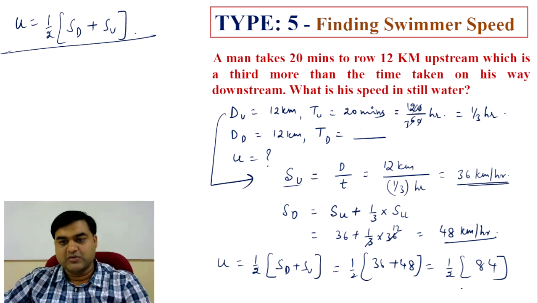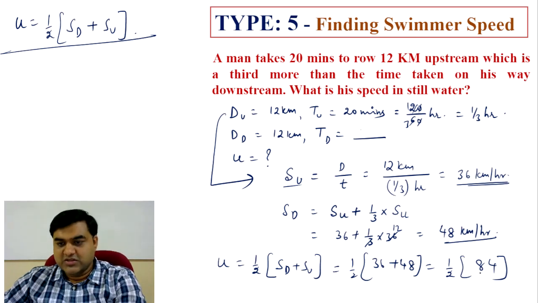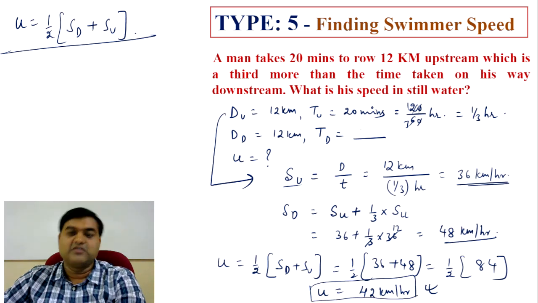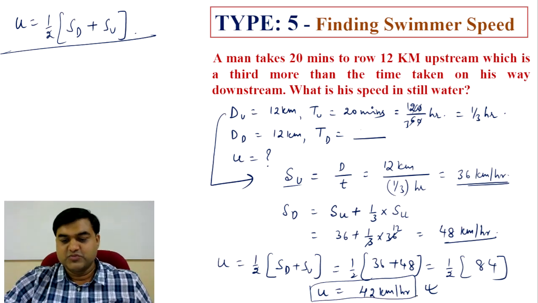Correct. So that is nothing but 42 kilometer per hour. U is equal to 42 kilometer per hour. So this is the speed of the person in still water, right? So we have got this answer as well.